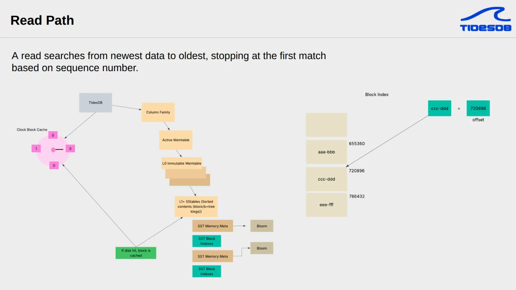So now the read path is where things start to get rather exciting. In the read path, let's say you want to do a point lookup: you begin a transaction and do a get for a certain key.